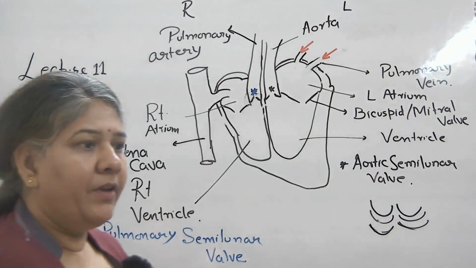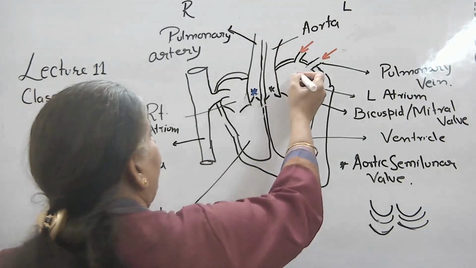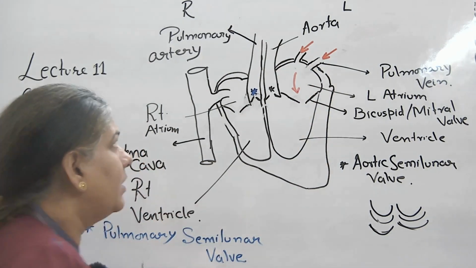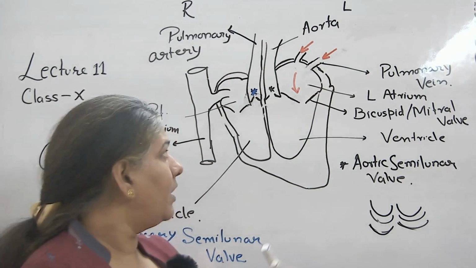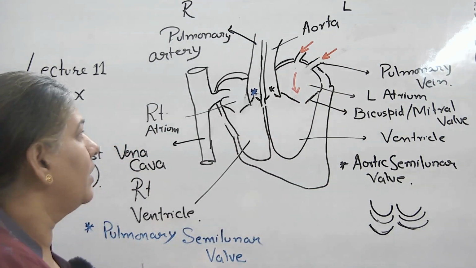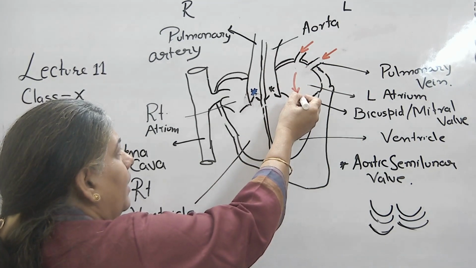So pulmonary veins are bringing oxygenated blood from the lungs to the left atria or the left atrium. Okay. So now it will enter.